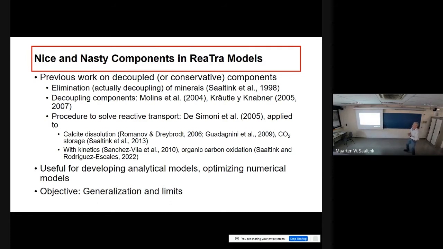So in general, we can use this decoupling of components to do nice things. But these applications were for particular cases, calcite dissolution, carbon oxidation, etc. What I would like to do now is get a little more generalization and also look at how far we can go. That is the objective of this seminar.